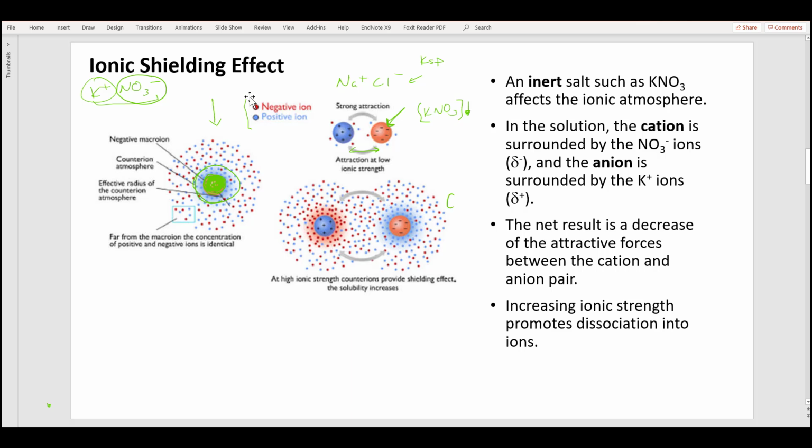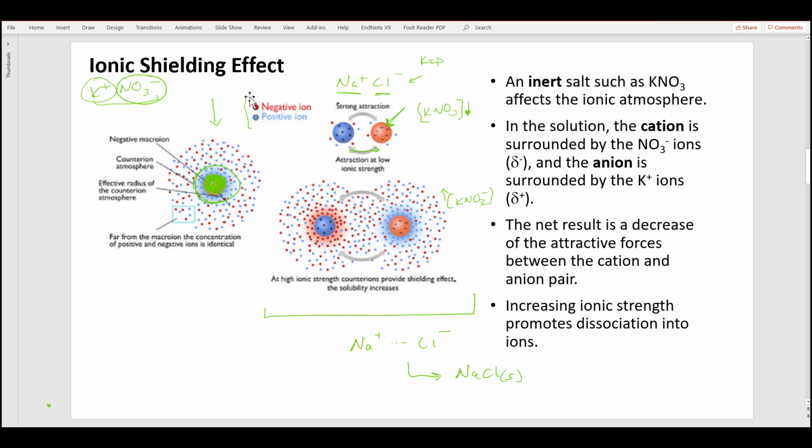But as the KNO3, this inert salt concentration, starts to increase, then those shielded spheres get bigger and bigger, which is what's happening on this lower picture. And what that means is the original sodium and chloride ions are further and further apart from each other. And so what we're essentially saying is that it's harder for those ions to get close to each other to form the precipitate, which would be NaCl solid.